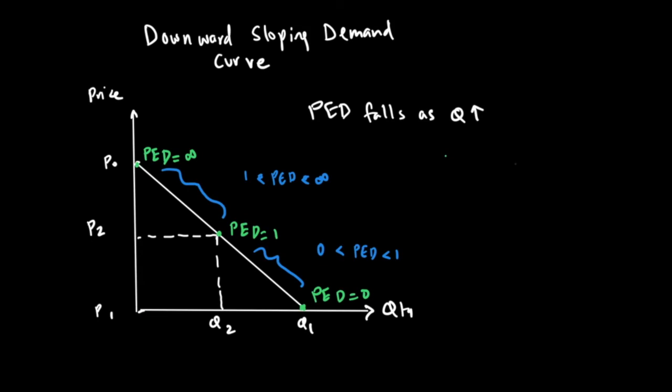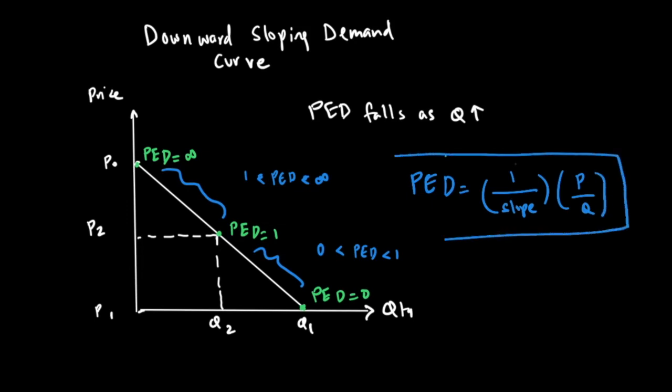And there's also a formula we sometimes use in this case, which is very useful for calculation, where PED is equal to 1 over slope times P over Q. This formula is useful because it can actually help us suggest why these values are what they are.